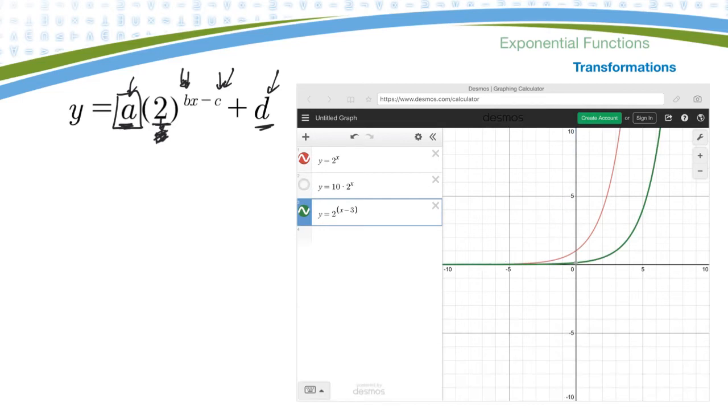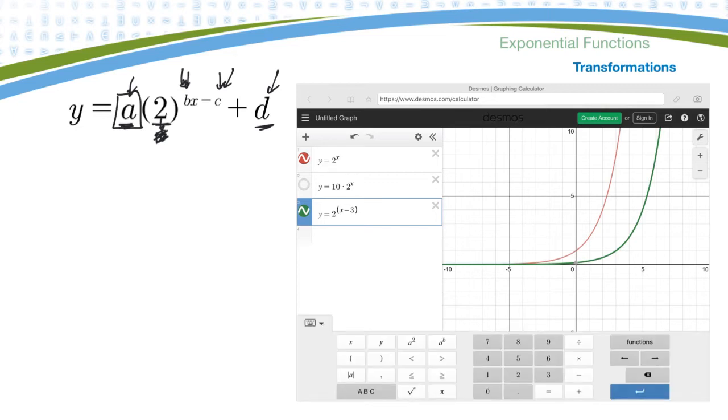So the red one is the normal one, and you take a look at the green one, and notice that it's moved over 3 to the right, just like what we knew from the last time. While we're on that one, let's maybe put a d value in too. Let's move it, say, up 2. So I'm going to put a plus 2 there at the end. Sure enough, it takes that same graph, moves it over to the right 3, and moves it up 2.